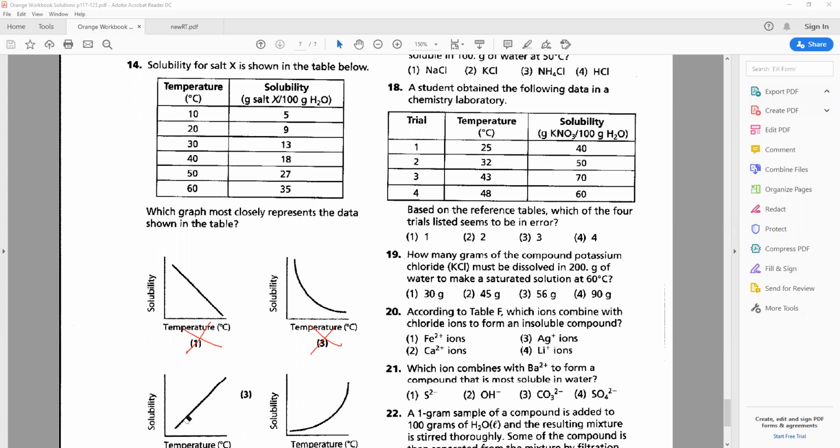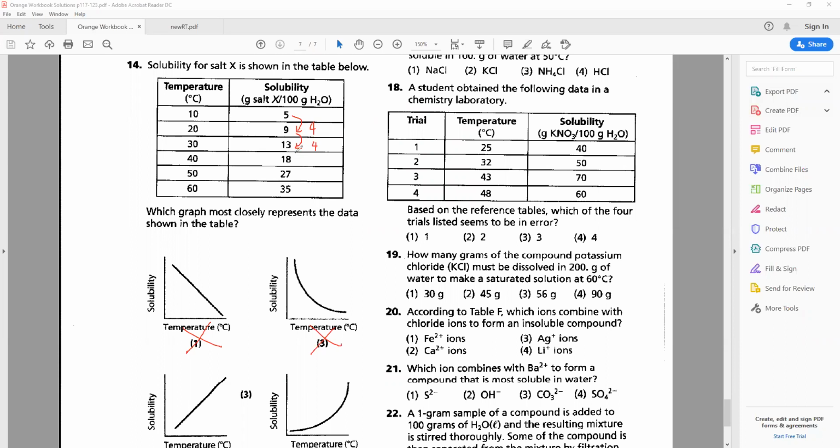Here we see that it's consistent. As the temperature increases by 10, there is an increase. If the increase in solubility were constant, it should be up by 4, or up by 5 or 10 each time. So what are we going to see over here? From 5 to 9, it increased by 4. 9 to 13, it increased by 4 again.